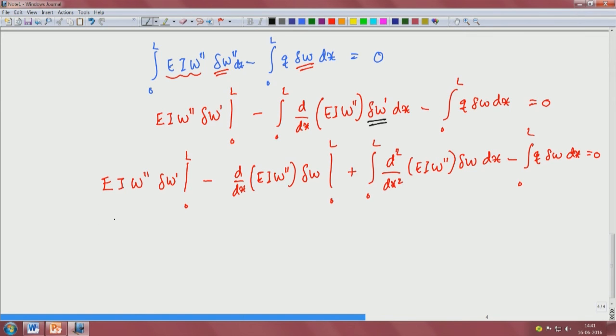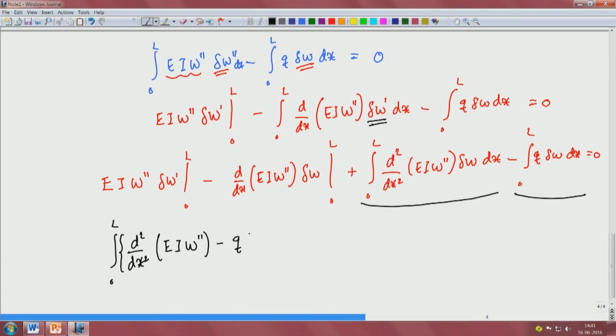So, for the differential equation we take this and this, I will write it in black, 0 to L d square by dx square of EI w double prime, okay, minus q, this whole thing multiplied by delta w dx, plus we have the boundary condition which I will write in blue, this one and that one.